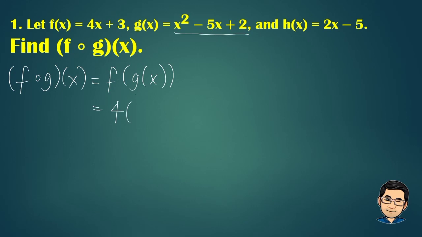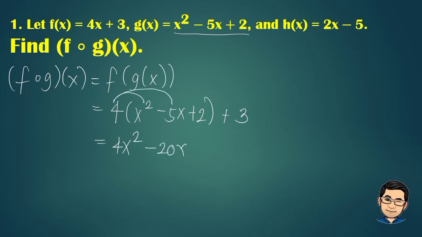Isa-substitute natin yung x squared minus 5x plus 2. So, x squared minus 5x plus 2 plus 3. And then, we distribute 4 times x squared, 4x squared. 4 times negative 5x, that is negative 20x. And then 4 times 2, that is 8, plus 3.